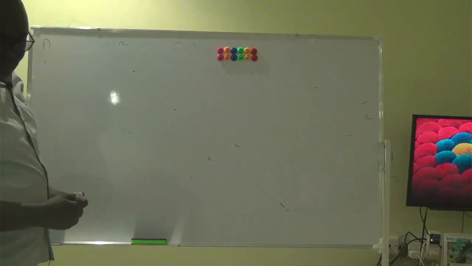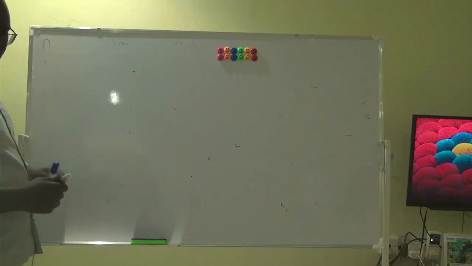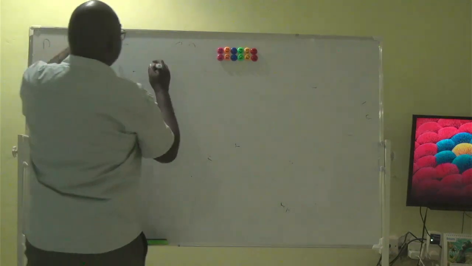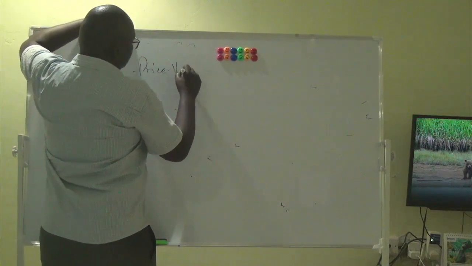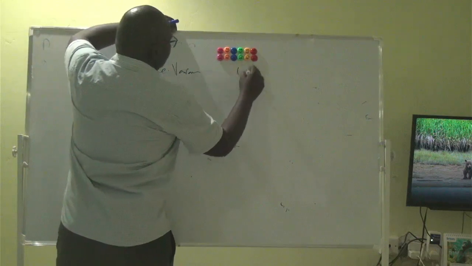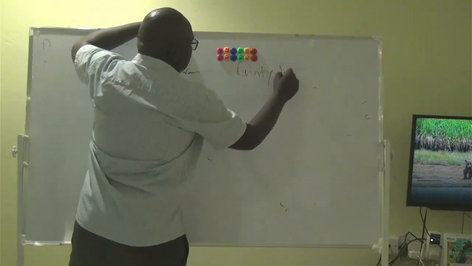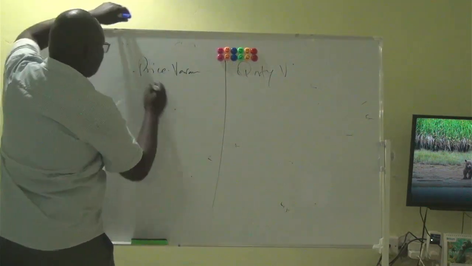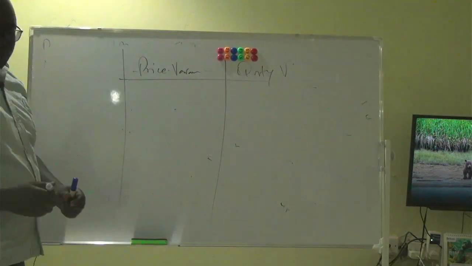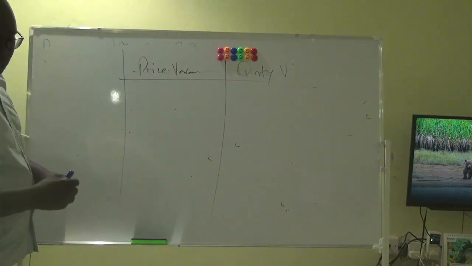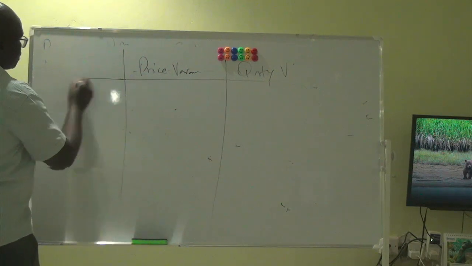They have divided variances in terms of price variance and quantity variance. They have divided them into those areas. Then we have these components.